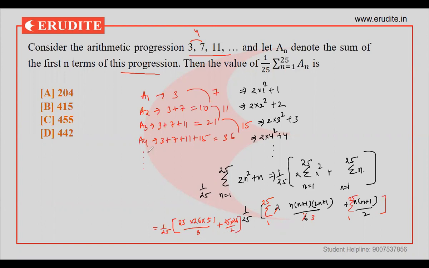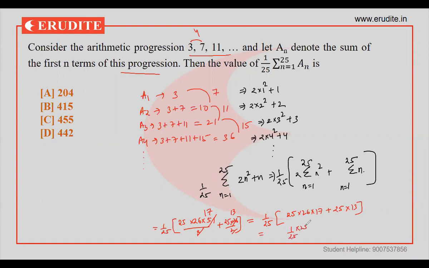Just we have to solve this equation. Let me remove this thing so that I can get some space for me. Is 25 into 26 into 17. 25 into 13.